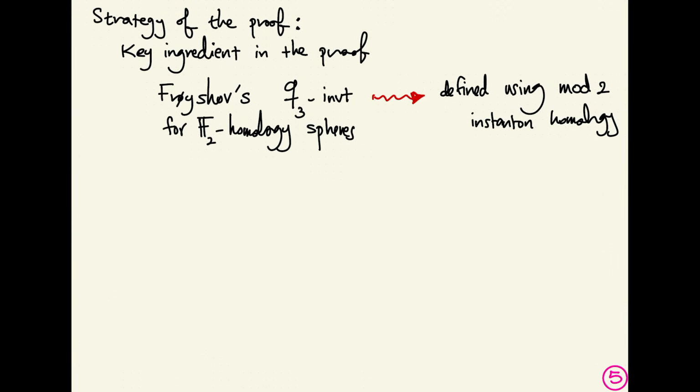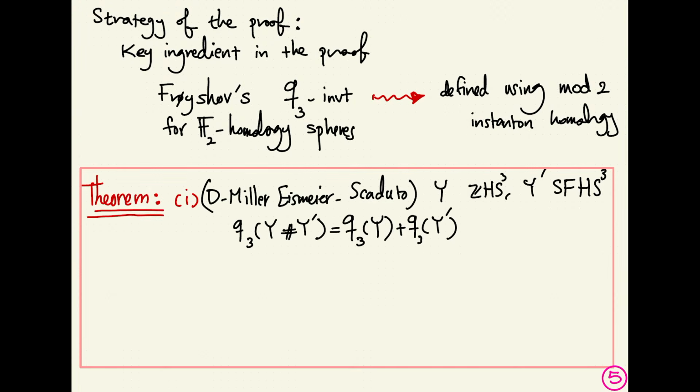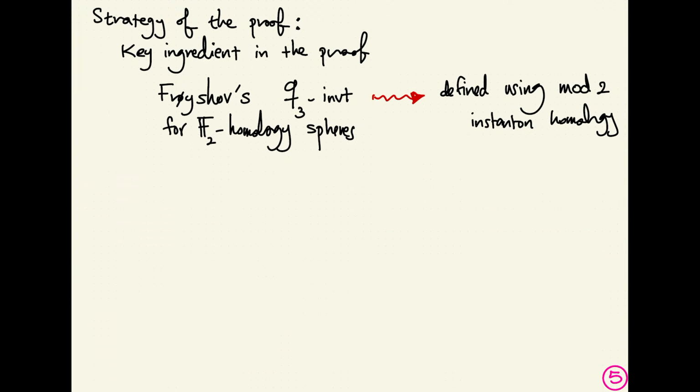But before doing that, let me just state a theorem which discusses some properties of this invariant. Maybe before that, let me emphasize a point here, which is also related to the title of my talk.